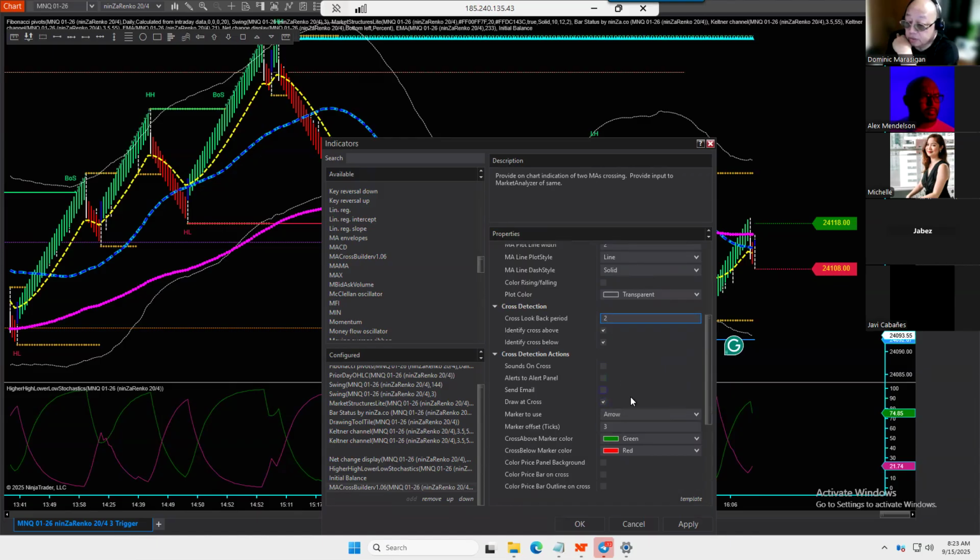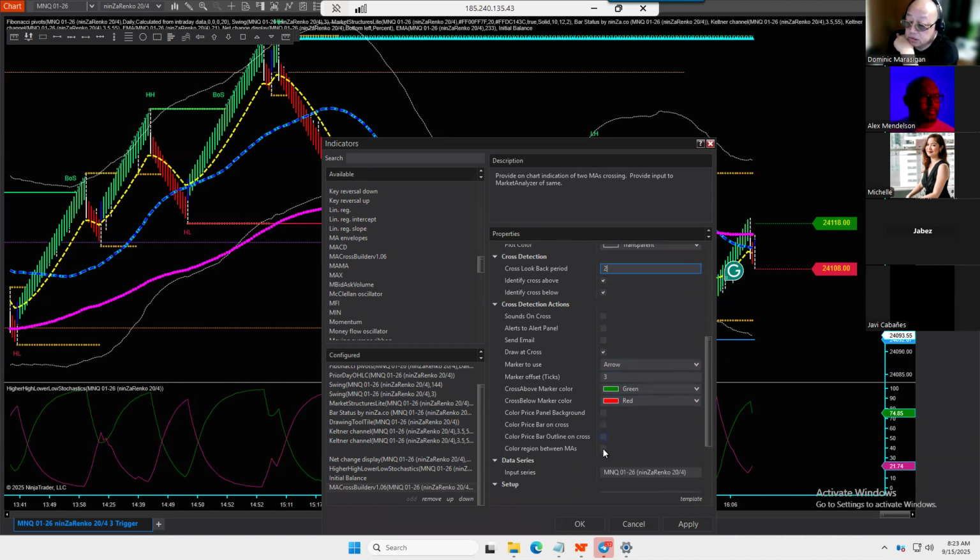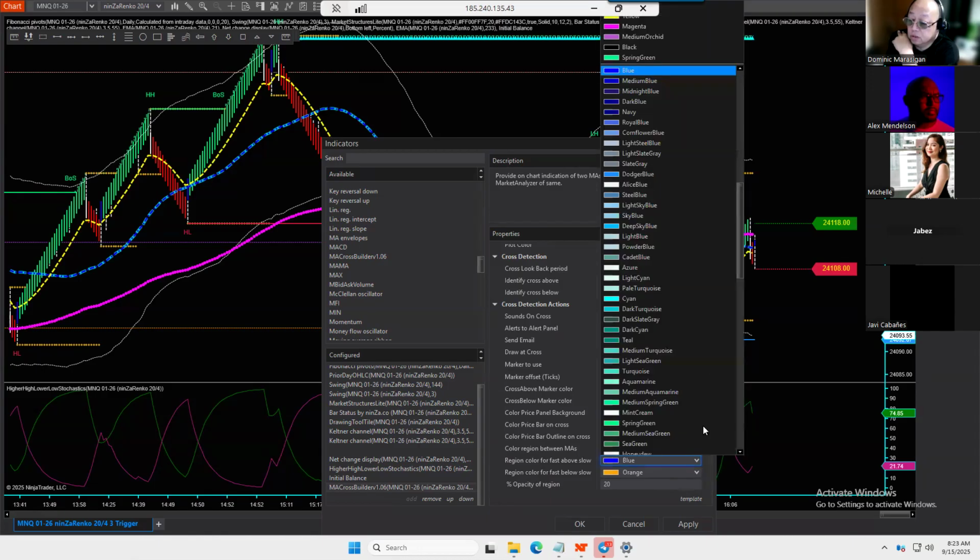And also I want to see this color behind the candles. Yeah, let's do this. This one would be green.